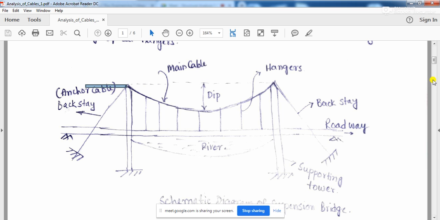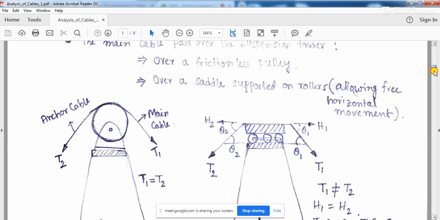Whatever the case, you must remember that in case of a pulley, the main cable tension and the anchor cable tension will be equal.